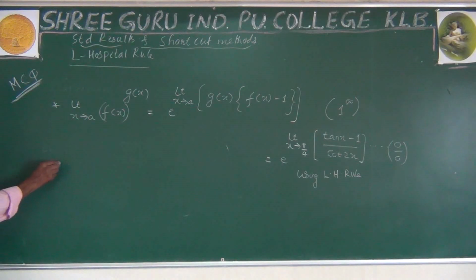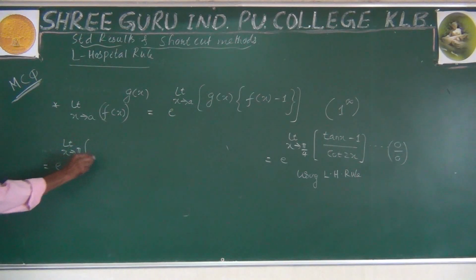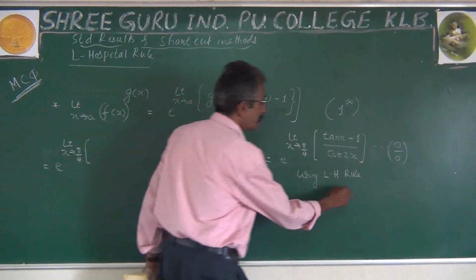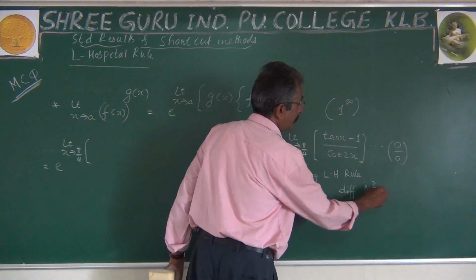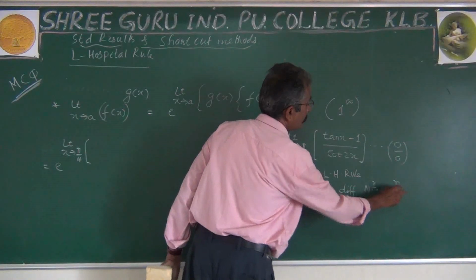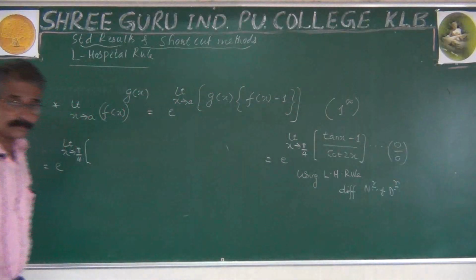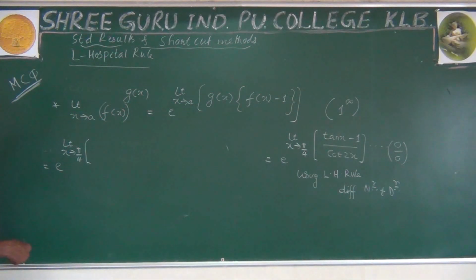That is equal to e power limit as x tends to pi by 4. Now differentiate numerator and denominator separately. That's what the scheme of L'Hospital rule says.